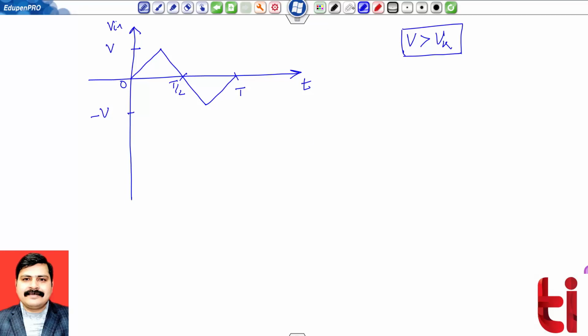So the equation, my diode equation, if you can see that V naught will be equal to V in minus Vk plus 0.7.